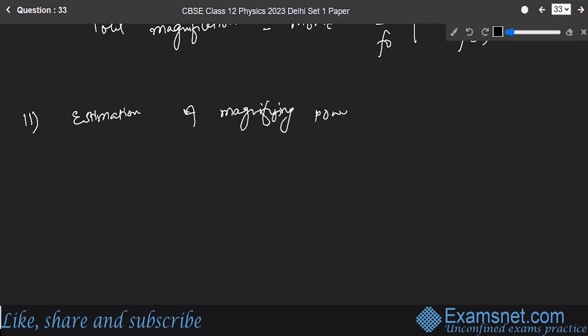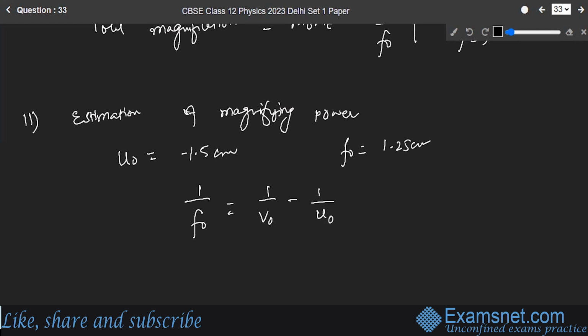You are given u_o equal to minus 1.5 centimeter, f_o is 1.25 centimeter. We have 1 upon f_o is equal to 1 upon v_o minus 1 upon u_o.